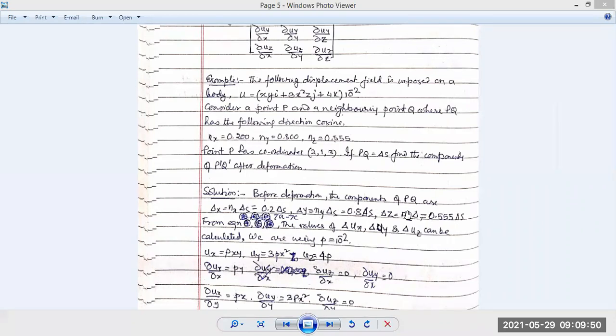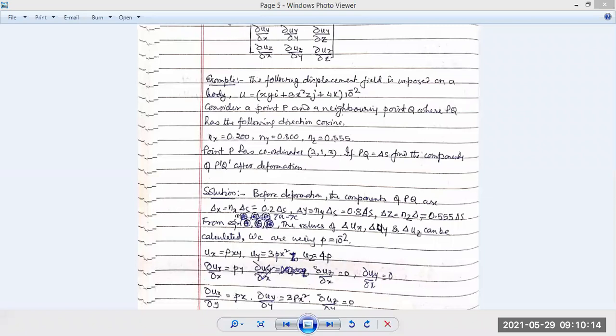Before the deformation, the components of PQ are given as delta x equals nx multiplied by delta s, where nx is the direction cosine and delta s is the length of PQ.